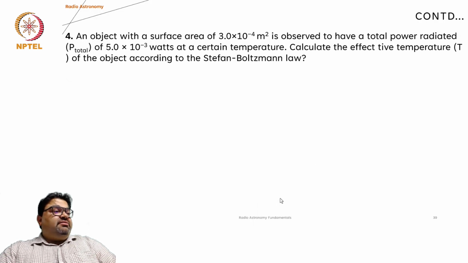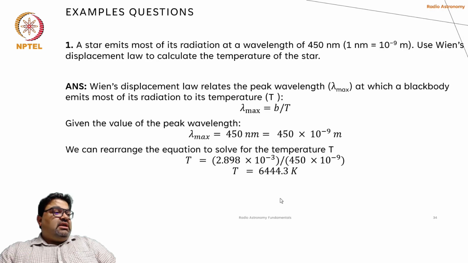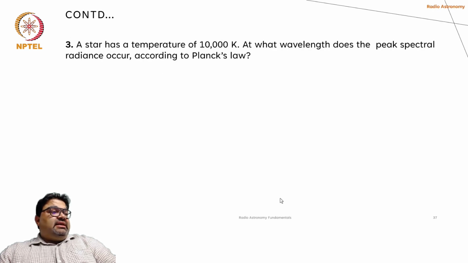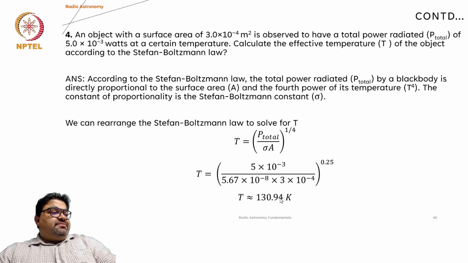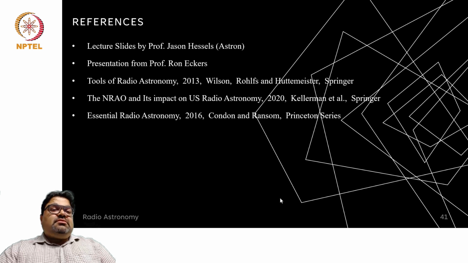We have visited one example where you have used Wien's displacement law, then the Rayleigh-Jeans limit, then again Planck's law, and also the Stefan-Boltzmann law. From there, we'll take up some more examples in the following lecture, and we'll also put it up if you're confused.